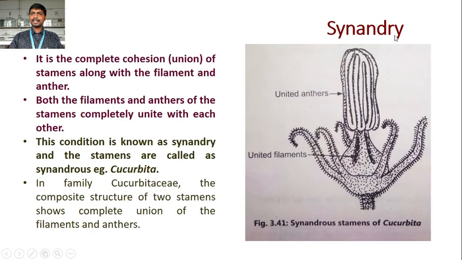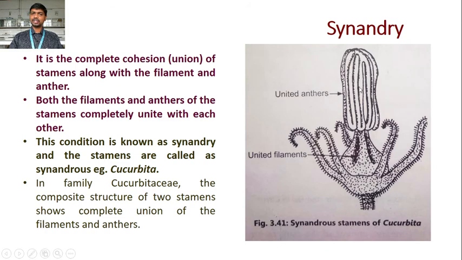Next is synandry. So here both anthers and filaments are united or fused. It is the complete cohesion or union of stamens along with the filament and anther. Both filament and anther are united. So in this diagram we can see clearly the filaments are united and the anthers are also united. Both the filaments and anthers of the stamens completely unite with each other.